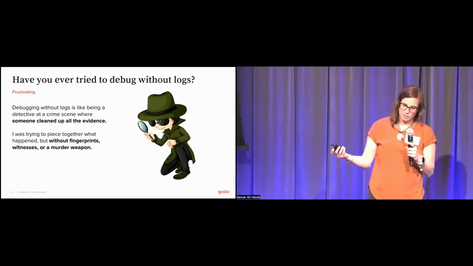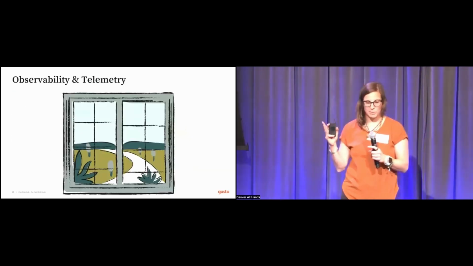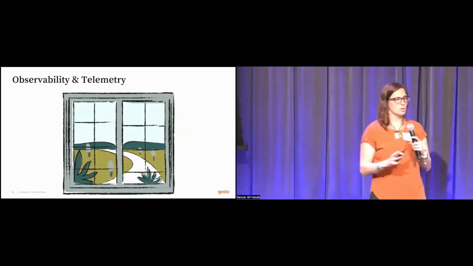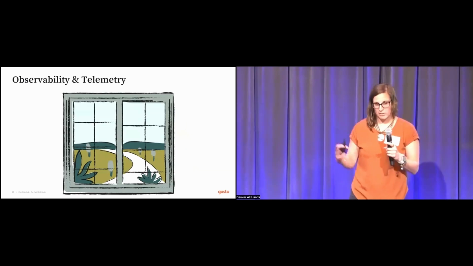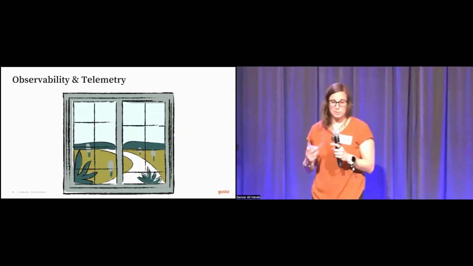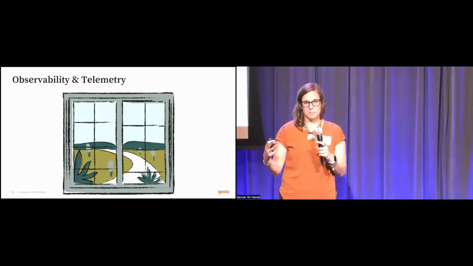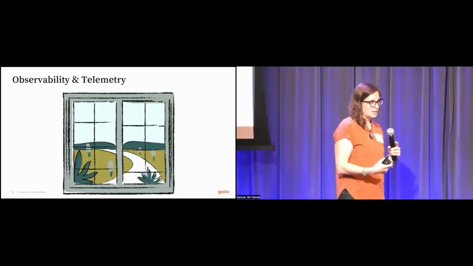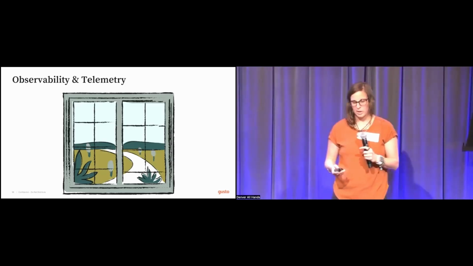And that's where observability and telemetry come in. So I'm going to do a very high level overview. Essentially, telemetry is a collection of data, at least for our purposes. Observability then is our window into telemetry. It allows us to create charts and graphs to make sense of that data and then monitor and see what's going on within our application.